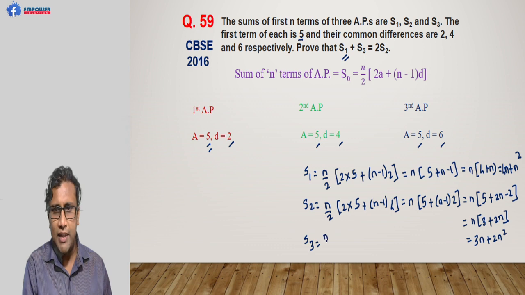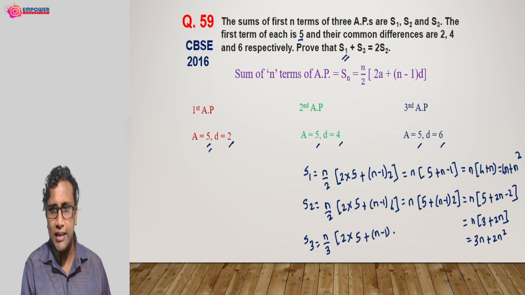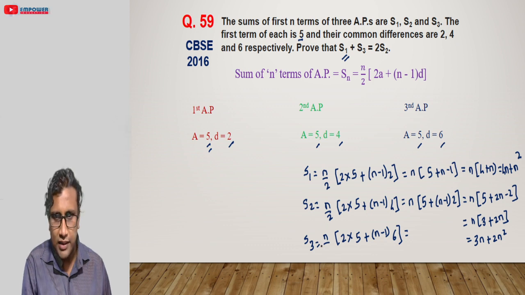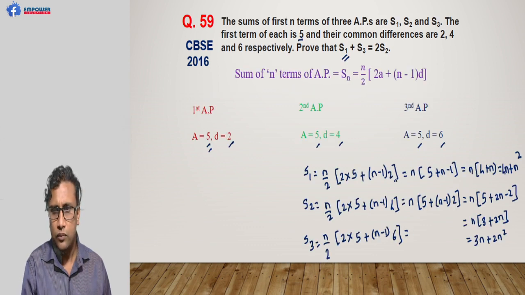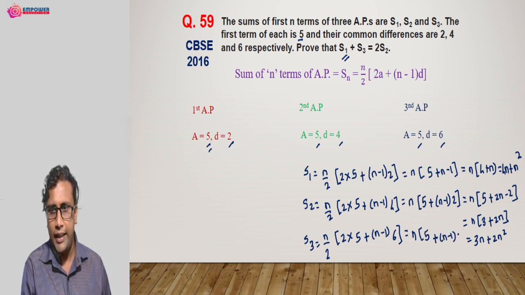Again everything remains same, n by 2. The only difference, as we know, is the small d. So this is n minus 1, and small d is 6 in this case. So this is n, then we have 5 plus n minus 1 into 3.